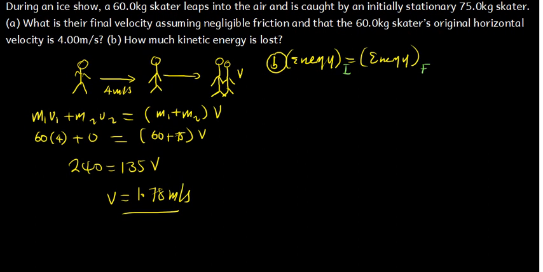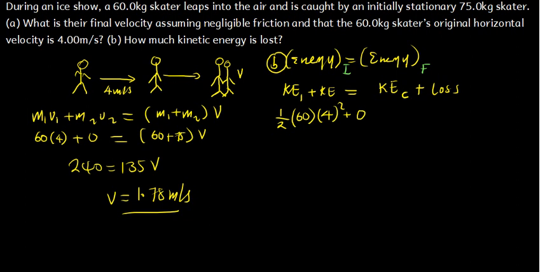So if there is some loss, then the energy before, which is the kinetic energy of the first one plus the kinetic energy of the second one, should be equal to the kinetic energy after. Now they moved together, so this will be a combined kinetic energy, and then plus that loss. The kinetic energy of the first one is half the mass, 60, and then the velocity 4 squared. The other one wasn't moving, with a velocity of 0, so the kinetic energy is also 0.